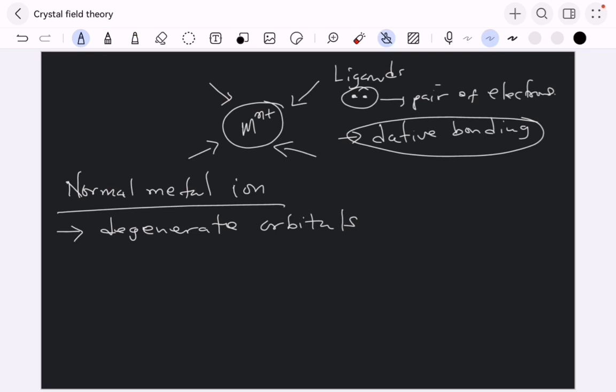So by degenerate, it means that all the orbitals have equal energy.